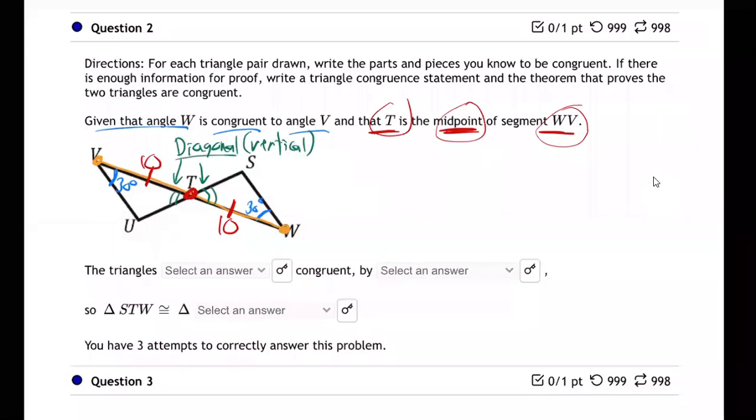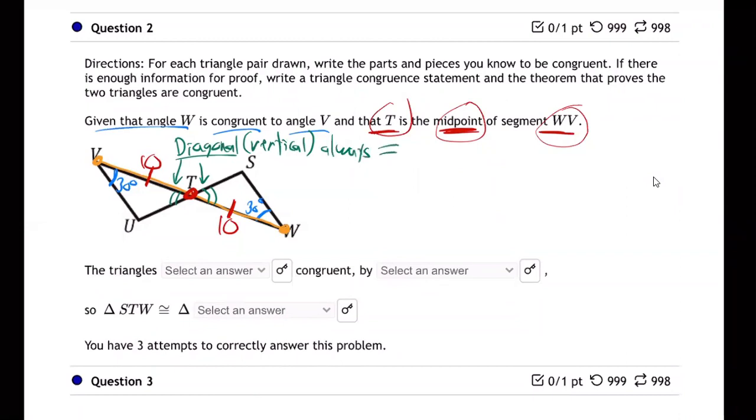But remember we learned that diagonal angles always have to be equal. Whenever you make an X pattern, the ones diagonally across from each other have to be equal. So diagonal angles are always equal.